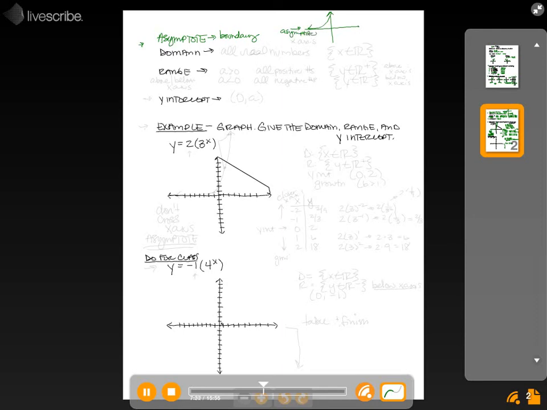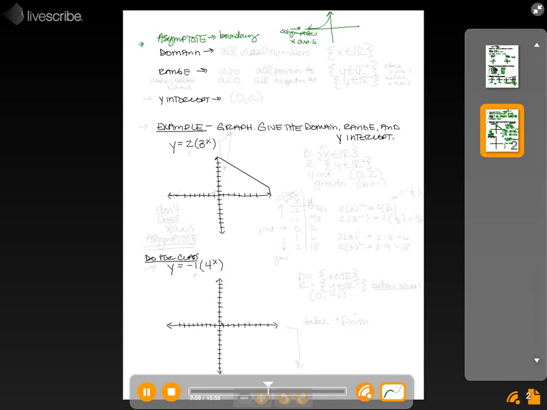My graph gets really, really close to the x-axis, but it's never going to cross that. And all of our graphs are going to have that. All of the graphs will have an asymptote that's an x-axis. Now, as we go on and we learn more, the asymptote may not be the x-axis. But for this particular section, the asymptote's always going to be the x-axis. So our graphs should never cross it. They'll get really, really close, but they'll never cross the x-axis.